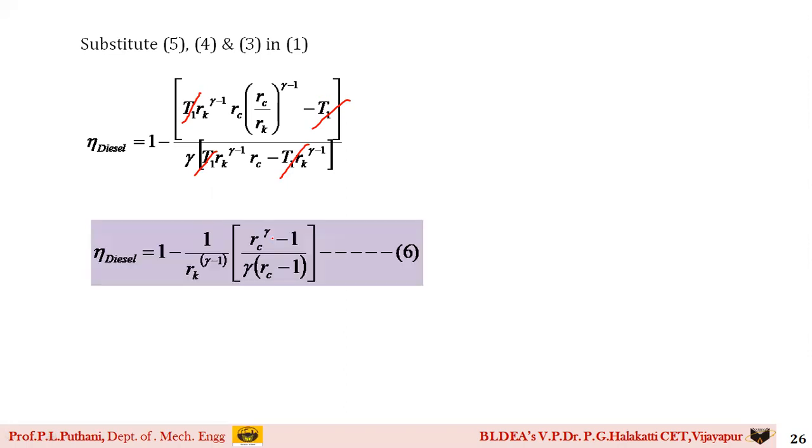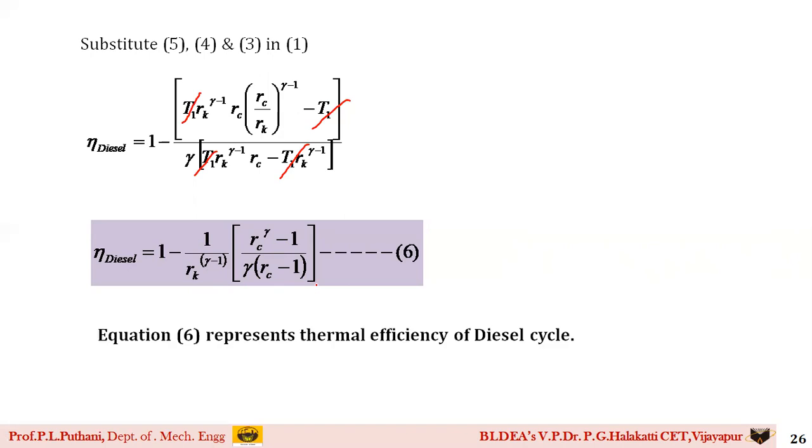So finally, on simplification, what do I get? It is in this form, that is 1 minus 1 by RK raised to gamma minus 1 into RC raised to gamma minus 1 by gamma of RC minus 1. This is the equation for thermal efficiency of a diesel cycle.